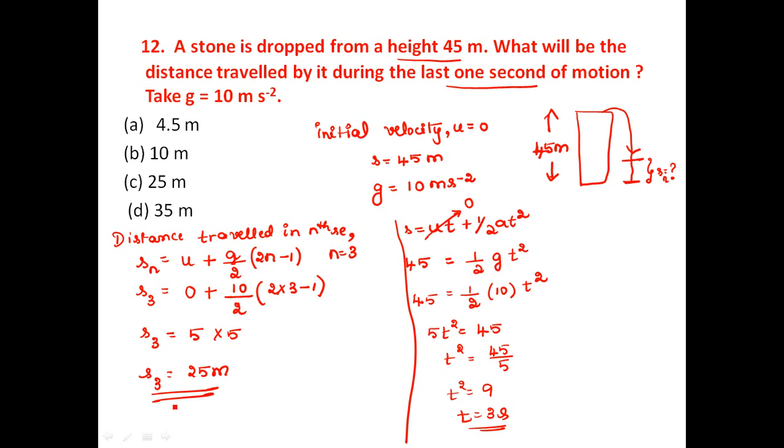Okay, what about the right option from the four given options? It is option C, 25 meter. I hope you are clear with this.